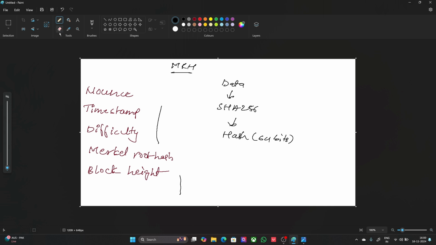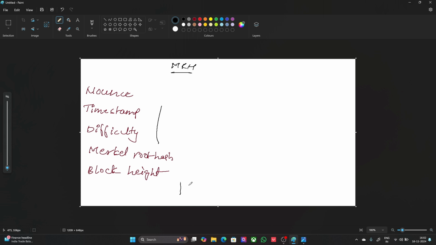Now if you take an example of transactions, say there is a transaction which happened on the blockchain, and then this transaction will be passed to SHA-256, and SHA-256 gives us a hash of that transaction.